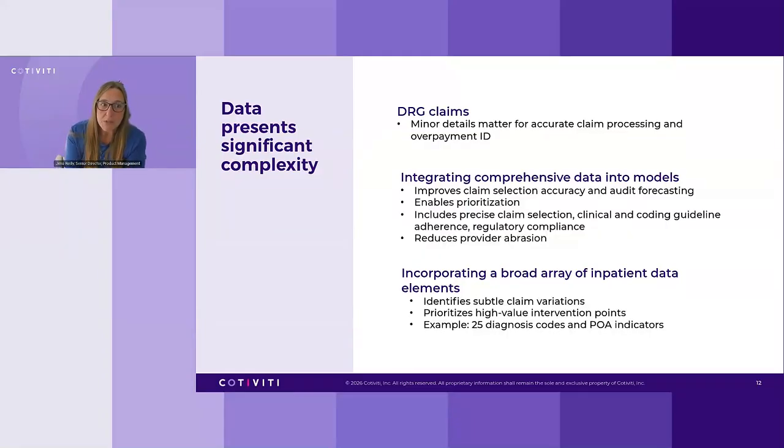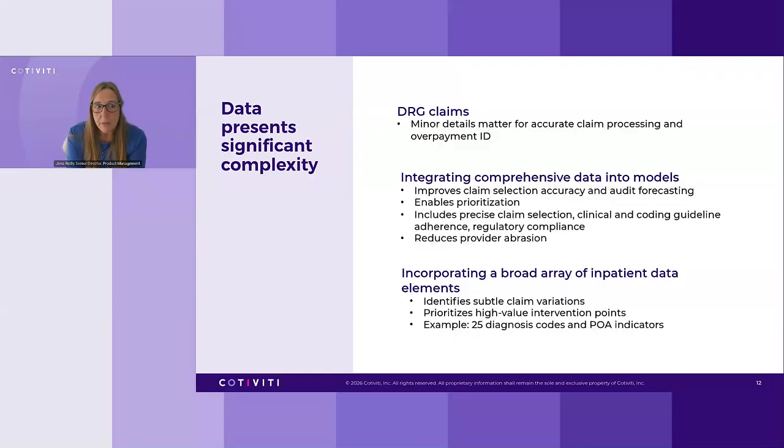Unlike simpler claims, inpatient DRGs are influenced by a dozen variables, from diagnosis sequencing to procedure sequencing, POA indicators with the diagnosis, the severity when you're talking about APR DRGs, or even the MCC and CC type DRGs, the complications. A single missed detail in the data can mean the difference between an accurate payment and an overpayment.